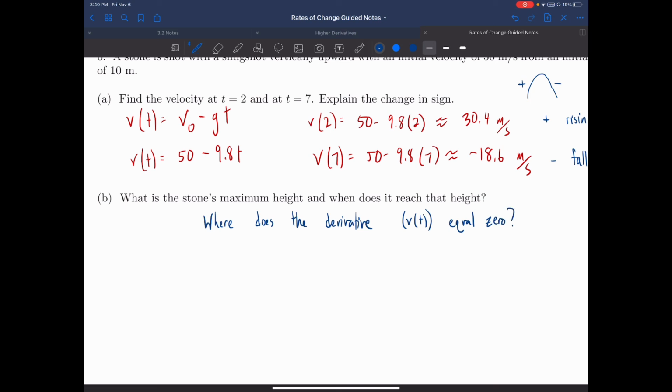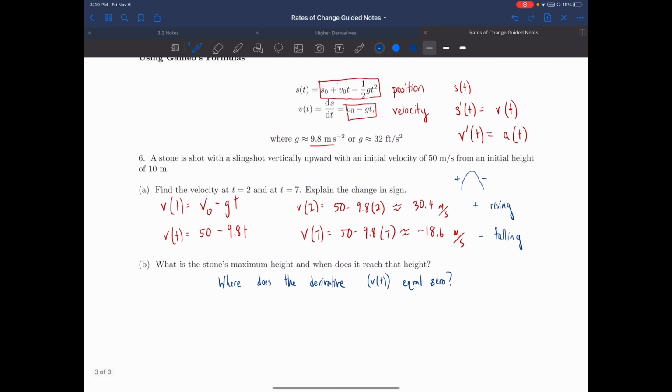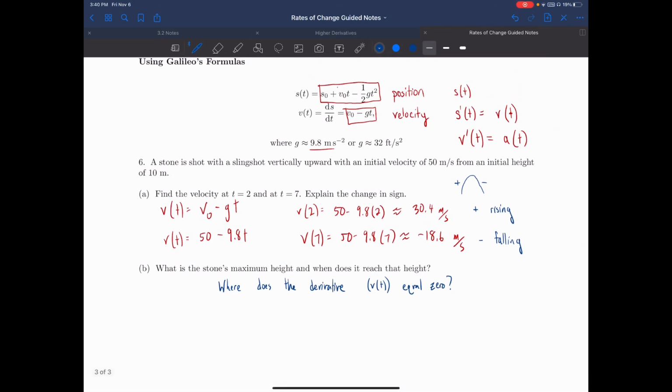Okay, so we take the derivative, which is v of t. So again, the derivative of s is v of t, and we set that to 0. So we're going to go 50 minus 9.8 t equals 0. And then we subtract 50, divide by negative 9.8, and we'll get t is approximately 5.1.